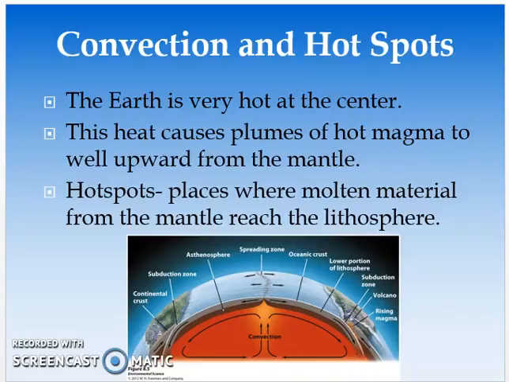Okay, a hotspot. You should be aware of what a hotspot is. A hotspot is pretty cool. It is a location where magma is very close to the surface. It's a spot in the asthenosphere. It's not the lithosphere, and it stays put. It's really odd.